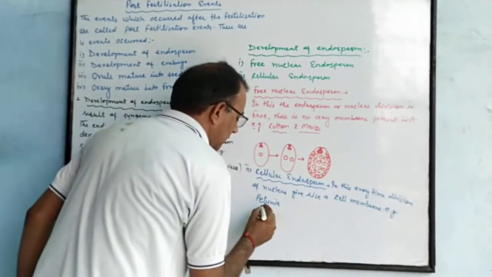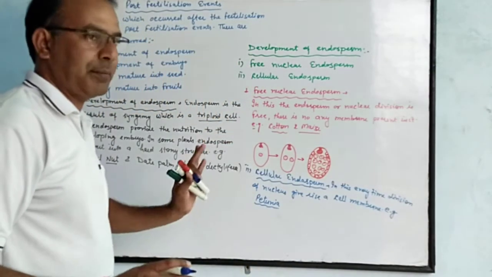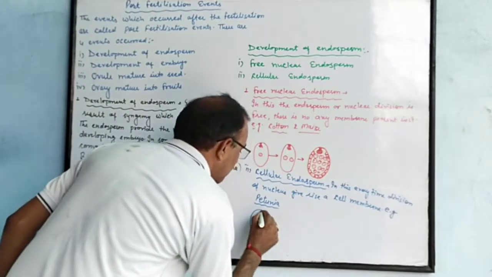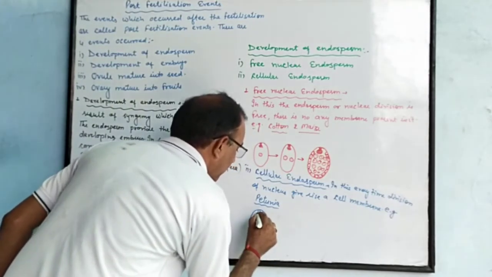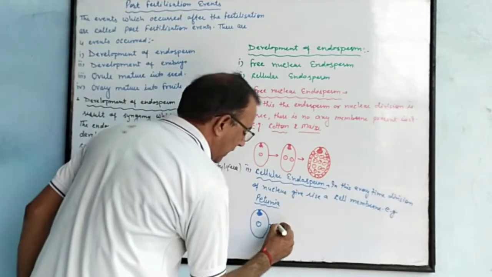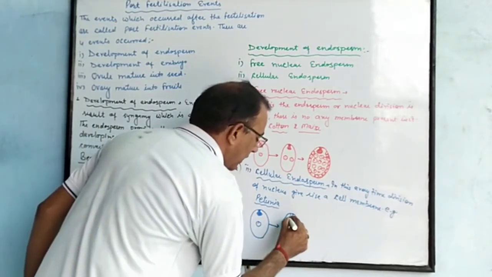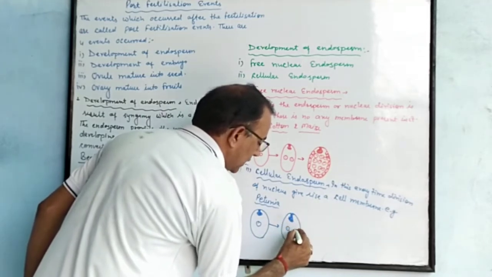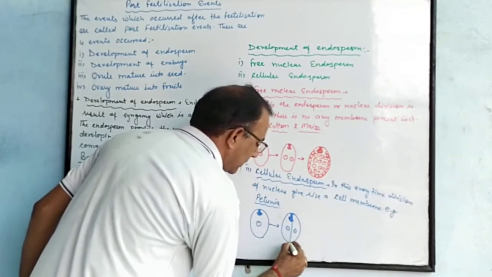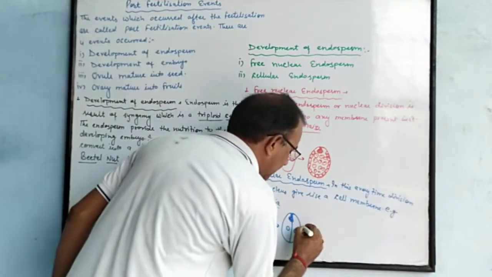In petunia plants, the division of nucleus takes place with a separate cell membrane. Suppose this is the petunia ovule, with the developing embryo, and this contains a nucleus. If the nucleus divides, it follows like this: 1 to 2, 2 to 4, 4 to 8. इस प्रकार से सेल में डिवीजन होता रहता है.